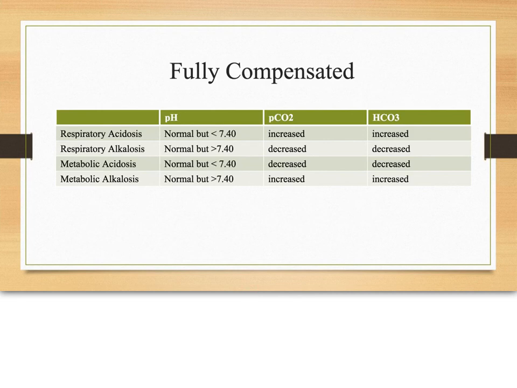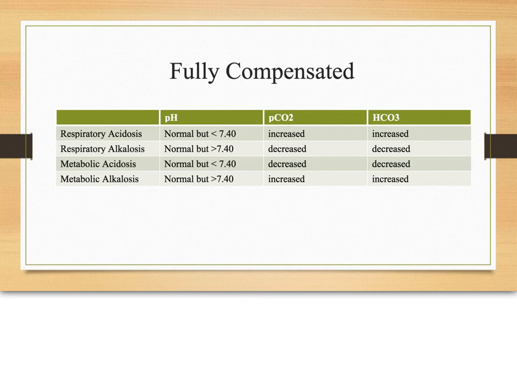For a respiratory alkalosis, we know that the pH, if it's fully compensated, is going to be normal, but again, it's going to be higher than 7.40. It's going to be closer to that 7.45 range. Both the PCO2 and the bicarb will be decreased. For metabolic acidosis, again, the pH is normal, but closer to 7.35.